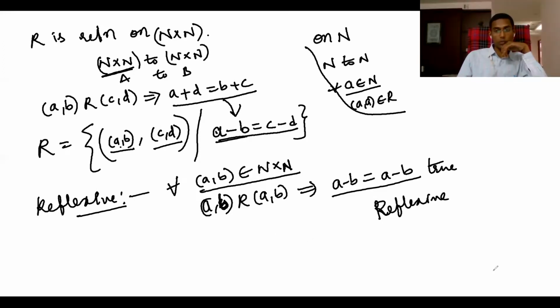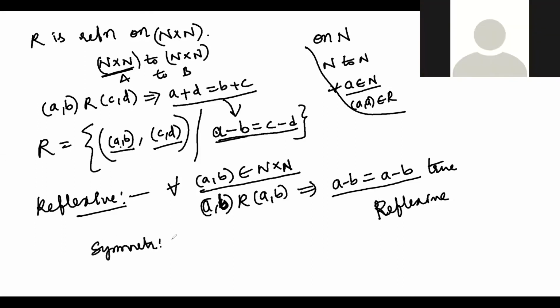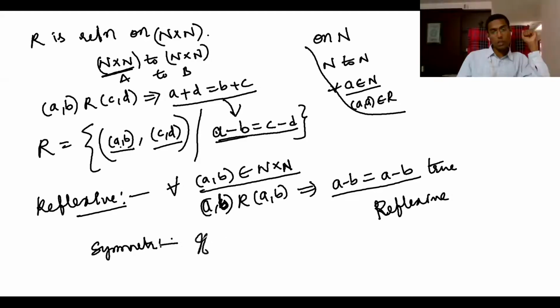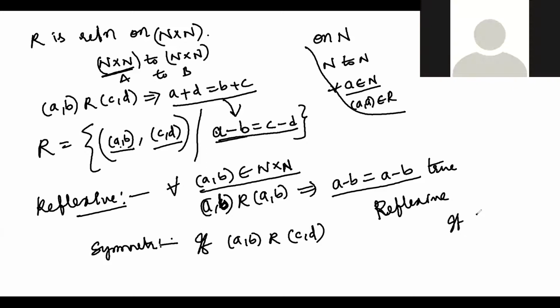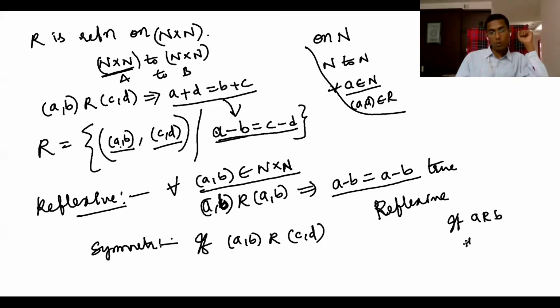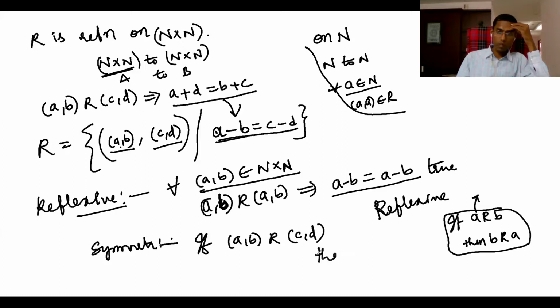Next, symmetric. How do you understand whether it is symmetric or not? Previously, if A is related to B, then B should relate to A. This is the condition. Now instead of A you have an ordered pair. If (A, B) is related to (C, D), then (C, D) should be related to (A, B). Let's see whether it happens.